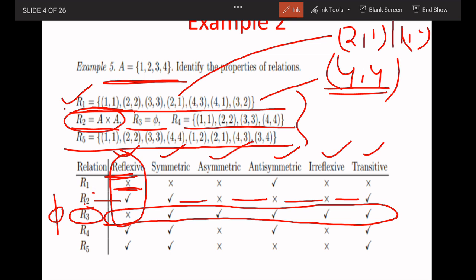A cross A is an equivalence relation because it is transitive, symmetric and reflexive. Conclusion: every A cross A is an equivalence relation, and the empty set holds every property except reflexive. These two are very important for the GATE exam.